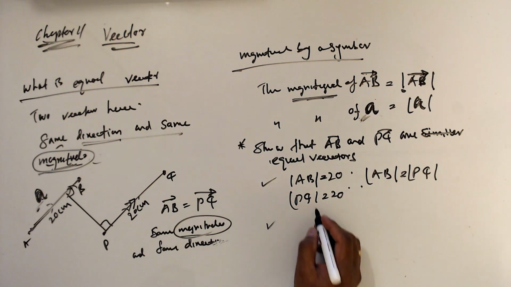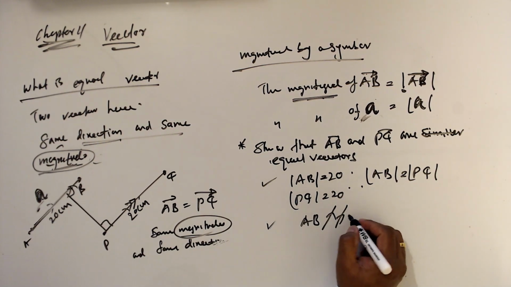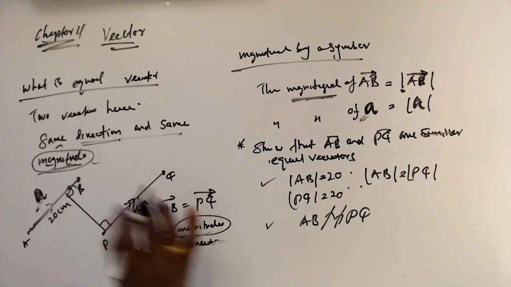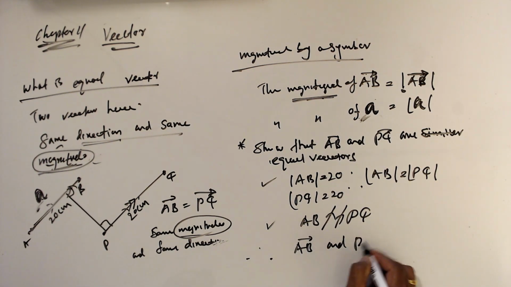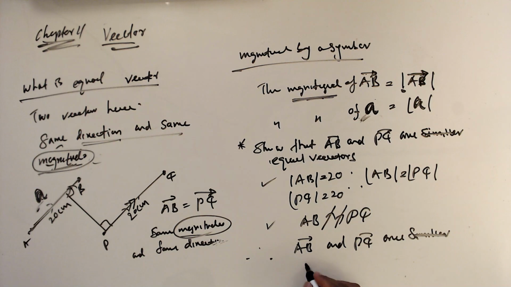Now you are telling AB parallel to PQ. Now both requirements match, hence AB and PQ are similar, equal vectors.